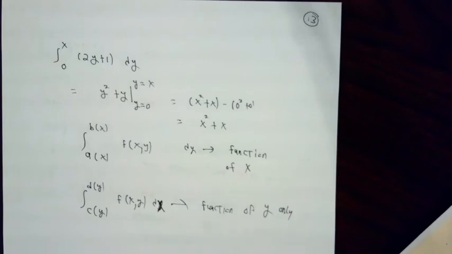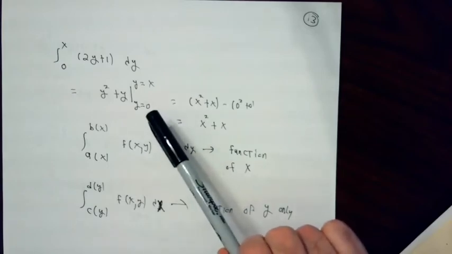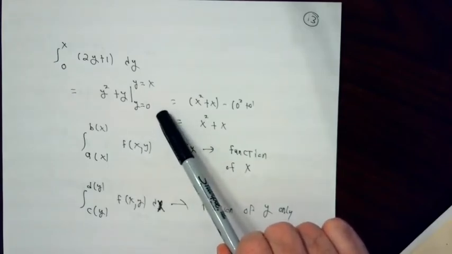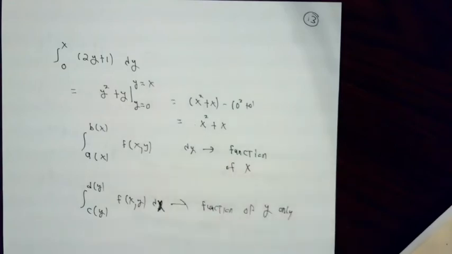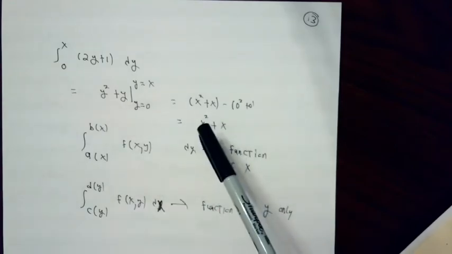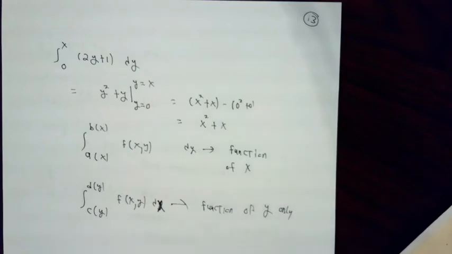Because I've got more than one independent variable now, this could become confusing, so I'm literally going to say I'm going to make y 0 and make y equal to x and subtract. So we'll have x squared plus x minus 0 squared plus 0, which is x squared plus x.